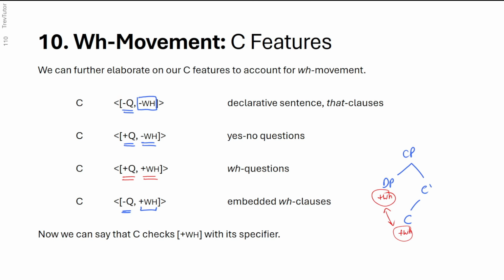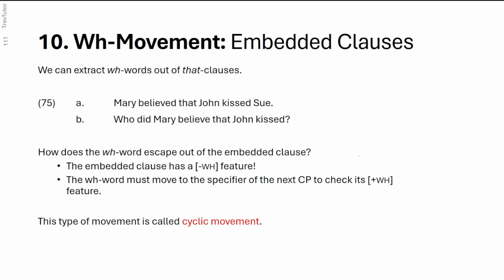If we have a case where we have a WH word in the specifier of the CP, but we have the minus WH feature, either this is going to be ungrammatical or this DP in the specifier of CP is going to have to keep moving up. So we can extract WH words out of that-clauses no problem.